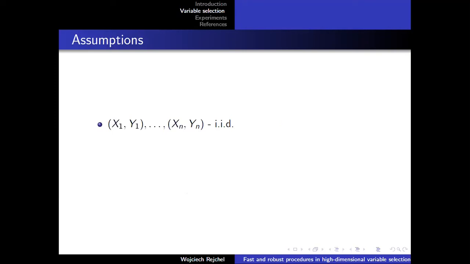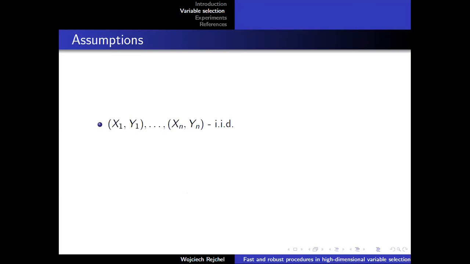Okay, so in fact, these both procedures, I mean the rank Lasso and the procedure in the binary regression case, can be in some sense considered simultaneously, and our theoretical results work more or less for both of them.